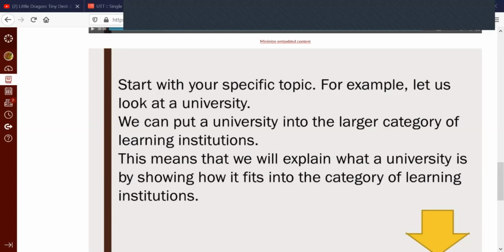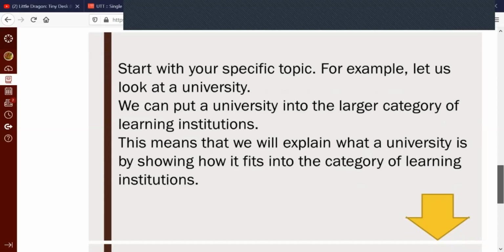By saying that it belongs to that category, we can apply the same characteristics that we know about any kind of learning institution to a specific topic like university. So you can see how this is in reverse. If we were doing an analysis by division, we would start with learning institutions, and then break them down into smaller components.